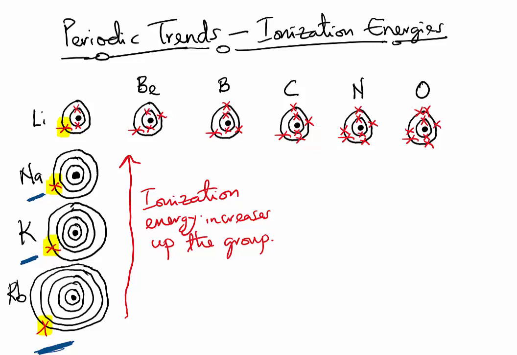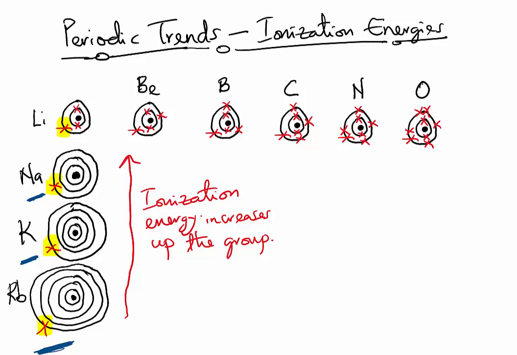Oxygen has a lot of protons in its nucleus, pulling on the energy level number 2. Lithium, on the other hand, only has 3 protons, pulling on that same energy level number 2. Because the pull on the energy level number 2 in oxygen is stronger, removing an electron from oxygen relative to lithium will be a lot harder.